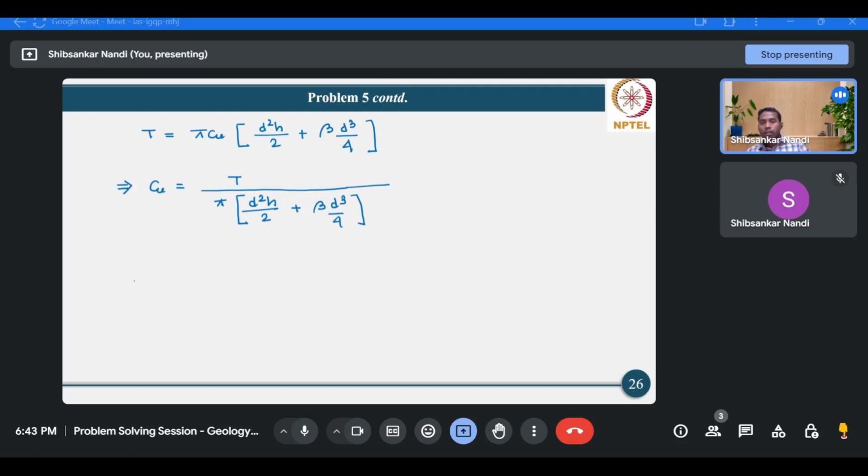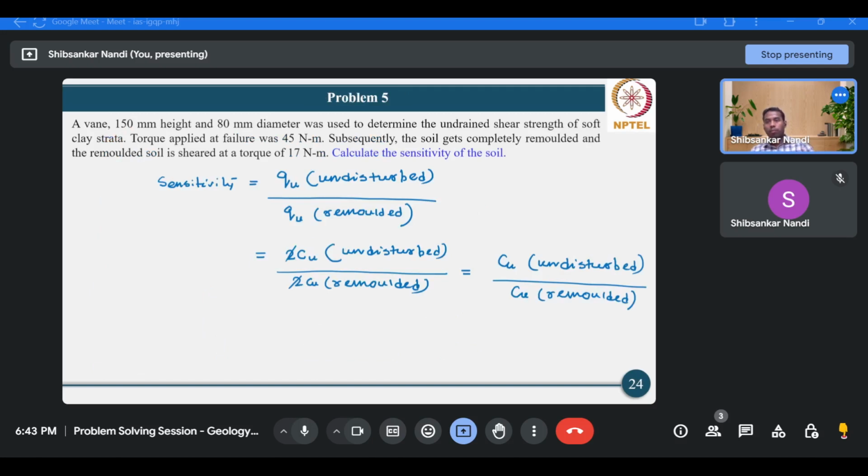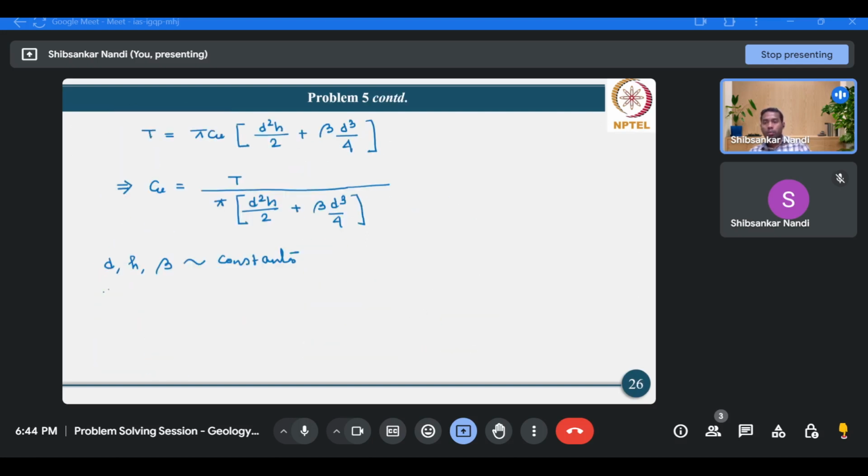Now, as you can see from this expression, d, h, beta are constant, because for a vane used for performing the test, the dimensions are constant. So height is 150 mm and diameter is 80 mm.